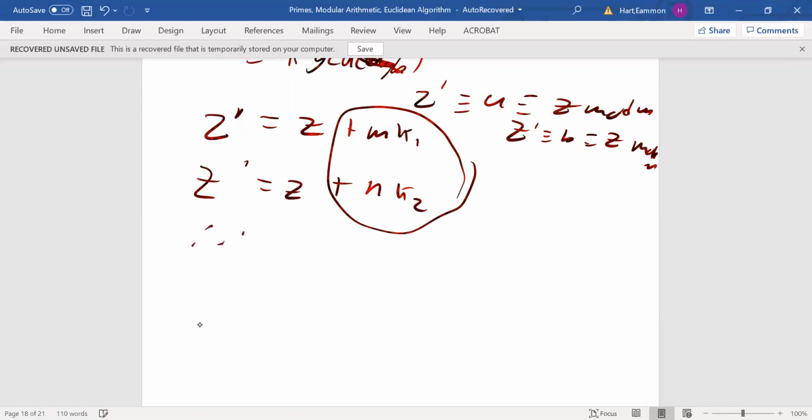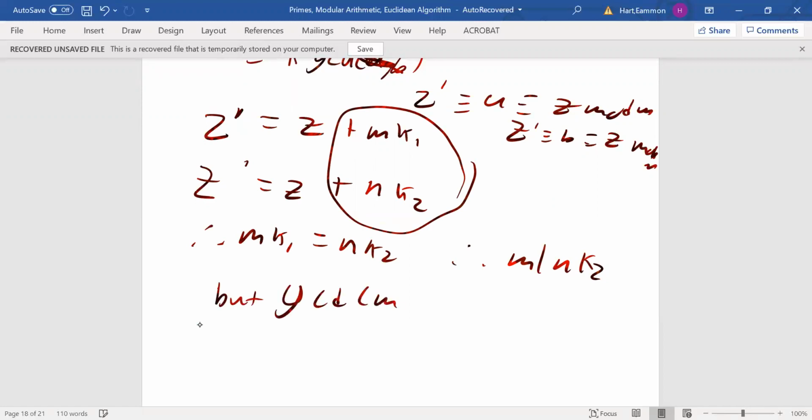So therefore, Mk1 is equal to Nk2. Therefore, M divides Nk2. But the GCD of M and N is equal to 1.